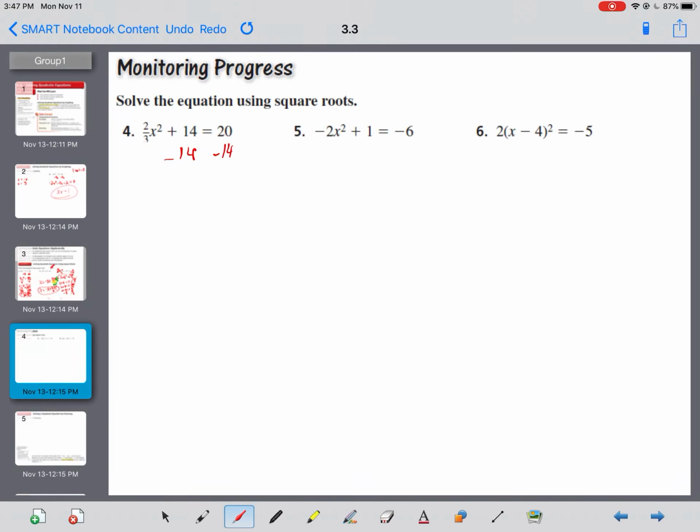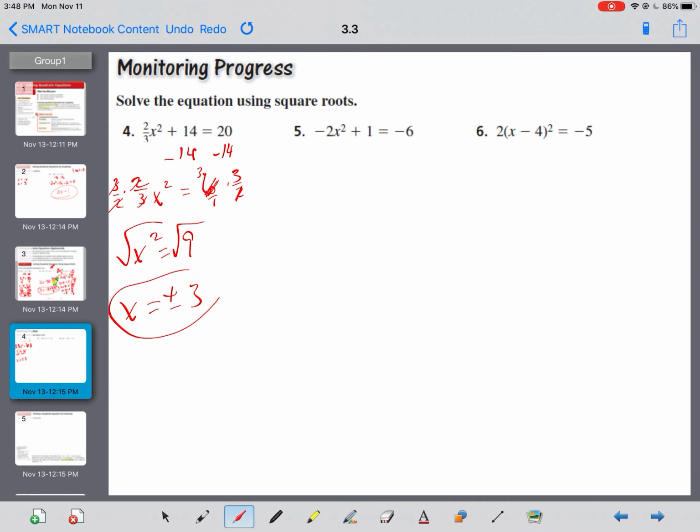Minus 14. 2/3 x squared equals 6 times 3 over 2. That scratches to a 3. Those all went. x squared equals 3 times 3 is 9. Square root both sides. x equals plus or minus, not square root, just do the square root, 3.